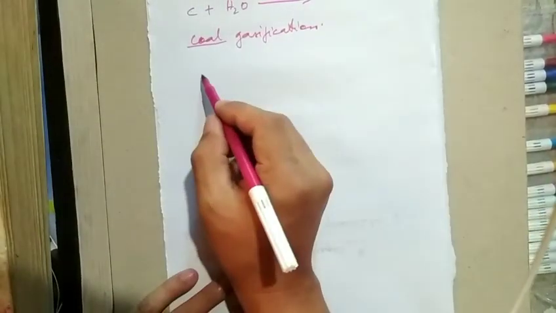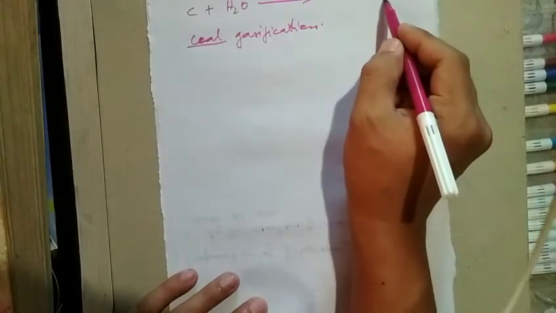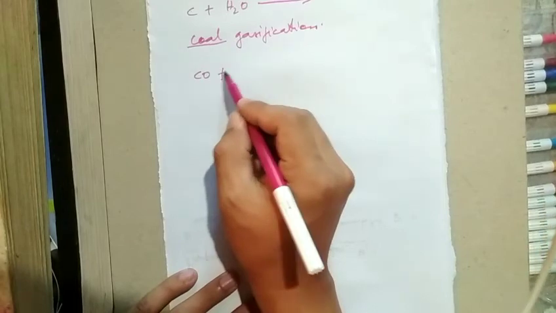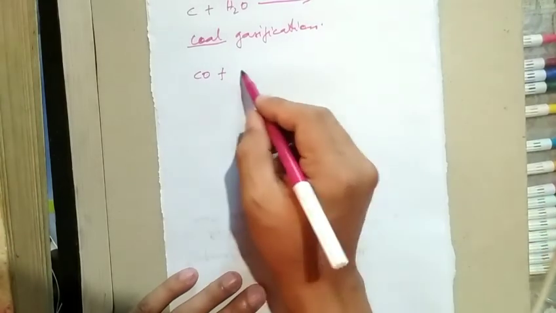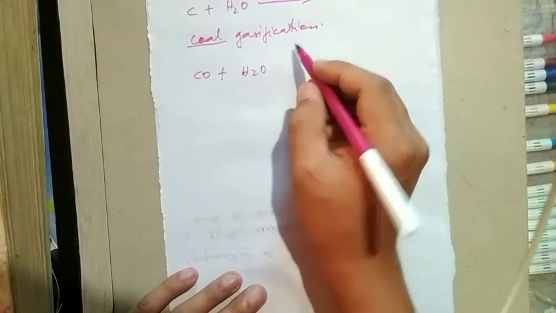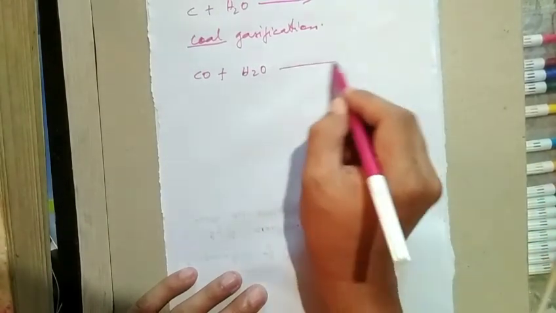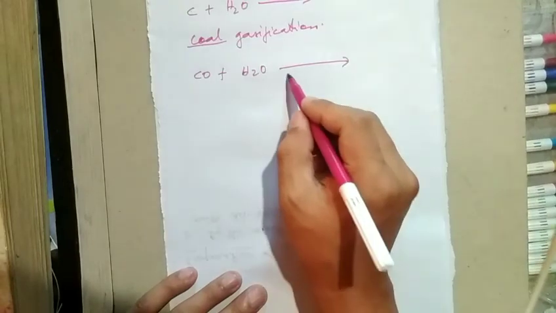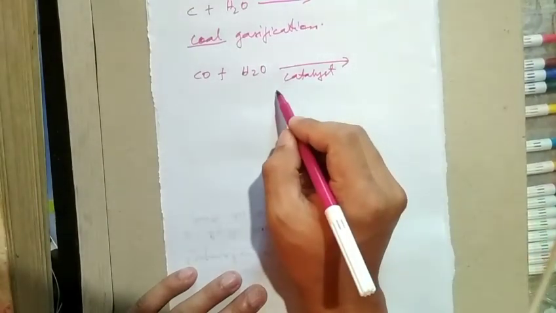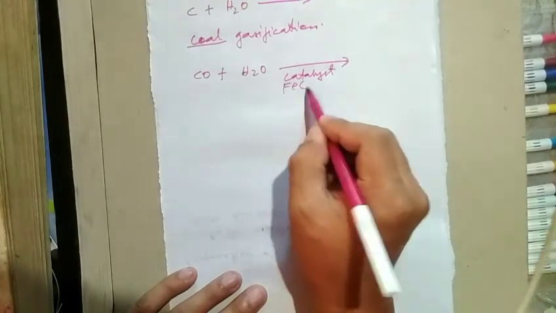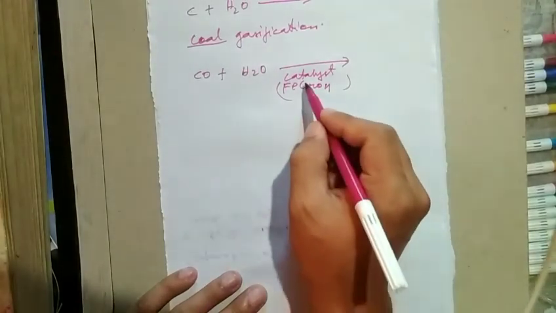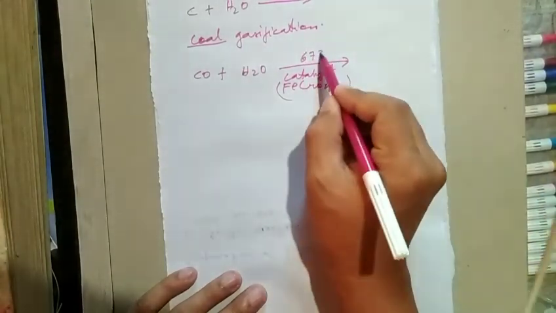Now production of dihydrogen can be increased by reacting this carbon monoxide with steam in the presence of a catalyst, iron chromate, at 673 Kelvin.